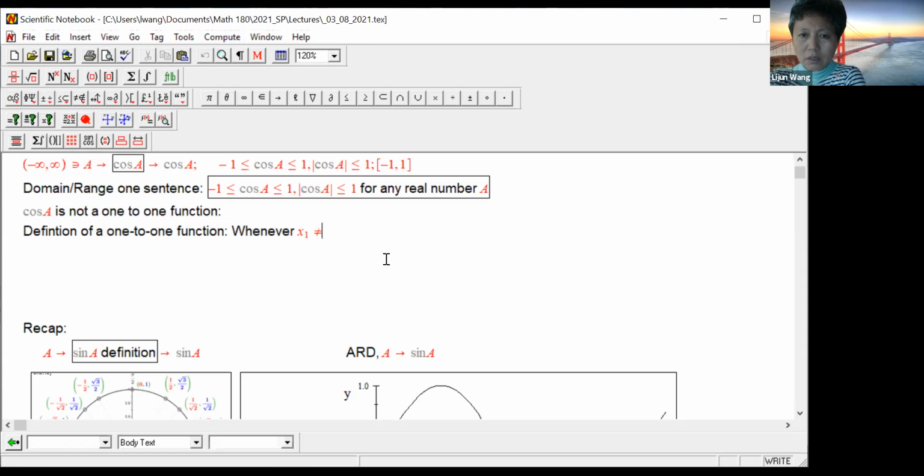When? For some, right? Whenever basically is always, always, right? As in any case, x1 is not the same as x2, and f of the function. It's just for some. The opposite of whenever is that for some cases, that's not true. Do you follow me?